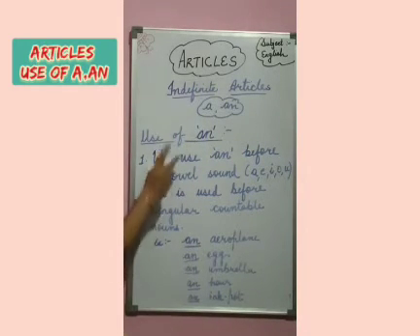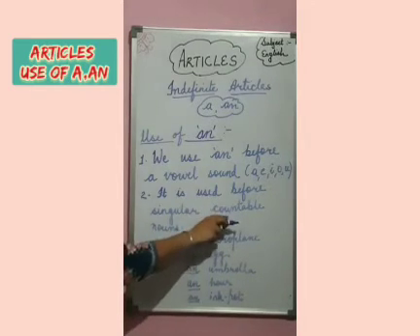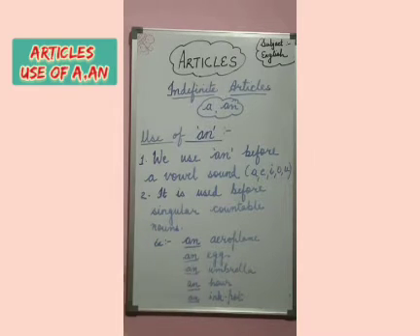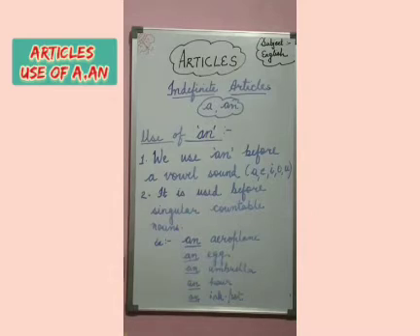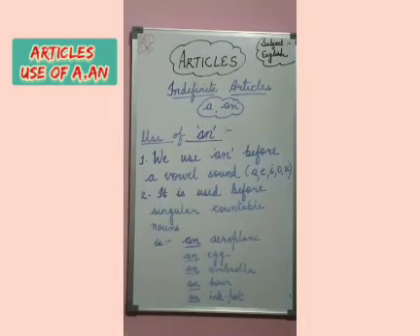We always use a and an with a singular noun only, and that noun should be countable, right? We can count that particular noun as 1, 2, 3, like 1 egg, 2 egg, 3 egg. We can count eggs, right? But it should be singular. We cannot use a or an with plural nouns.